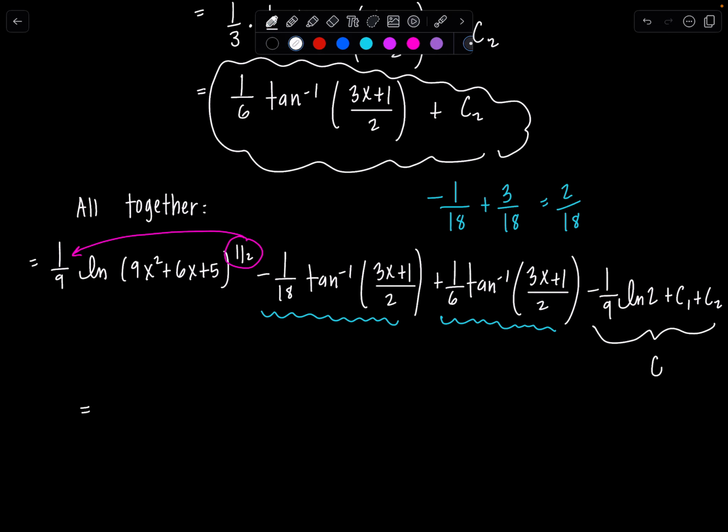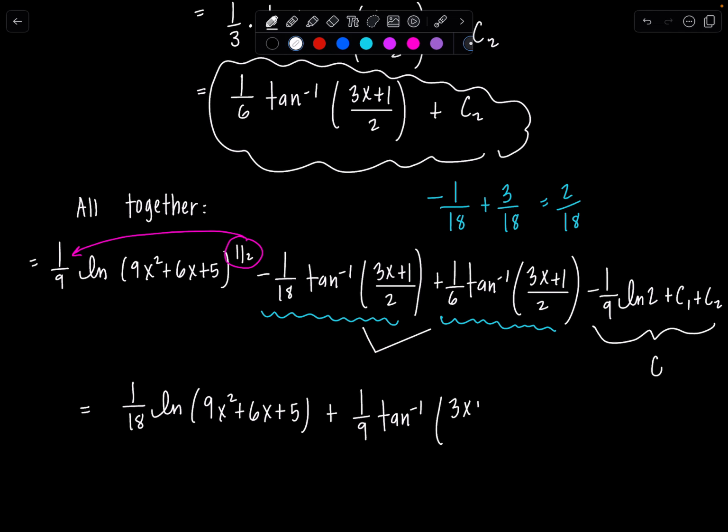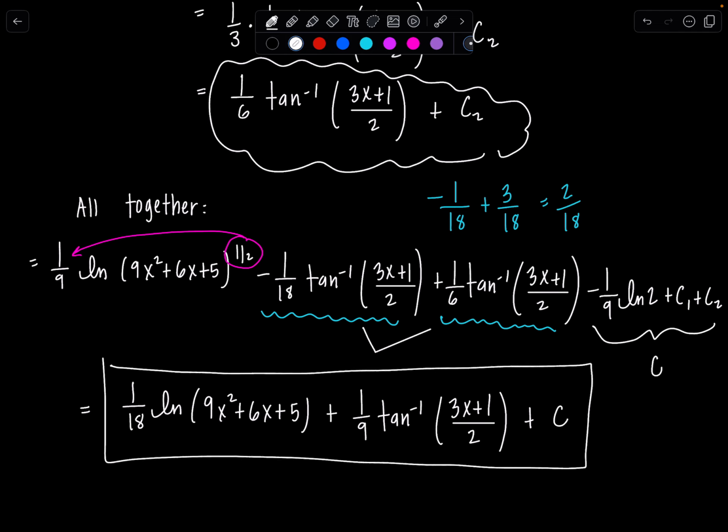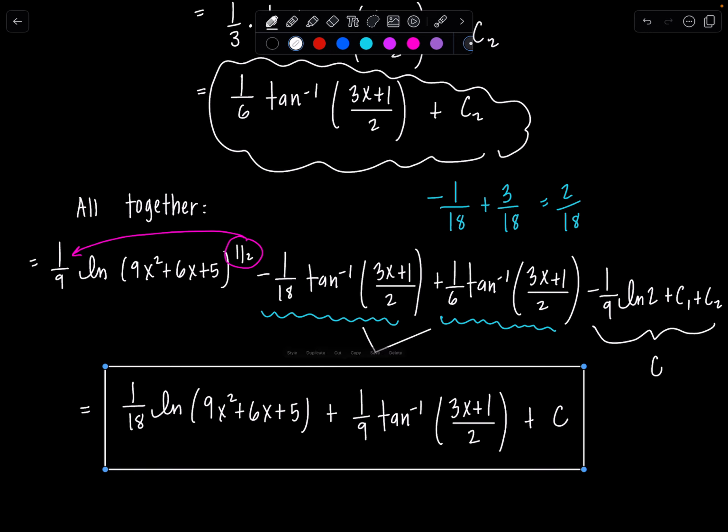Okay, fab. So I think we're ready to put it all together. So moving the 1/2 in the front, now I have 1/18 natural log of (9x squared plus 6x plus 5). Combining like terms, these two give me plus 1/9 tan inverse of (3x plus 1) over 2 plus c, and I'm going to tell the people who c is because it's comprised of many things.